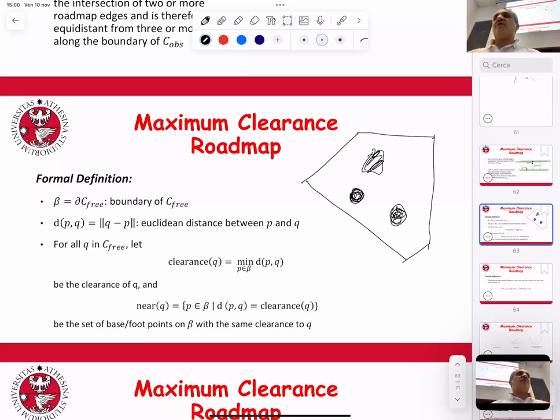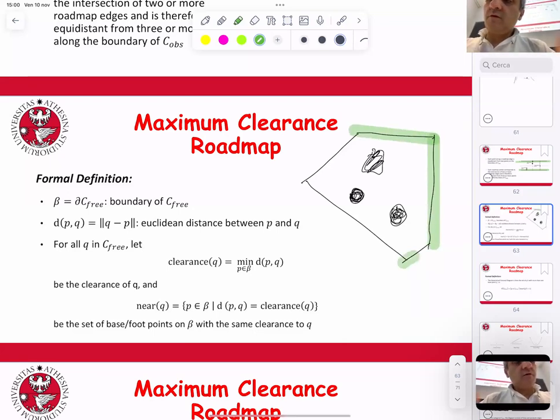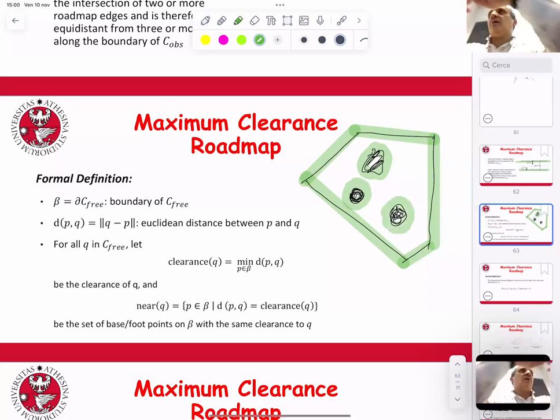The boundary of C3 is, in this case, given by this, this, then this part here, and this part here. Now the pen is too thick, but I mean the borders of the obstacles.